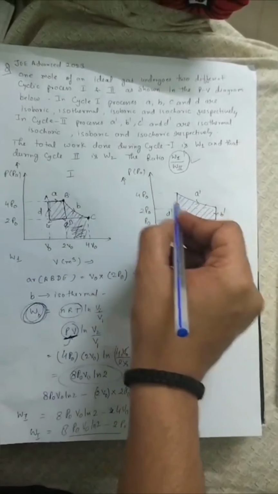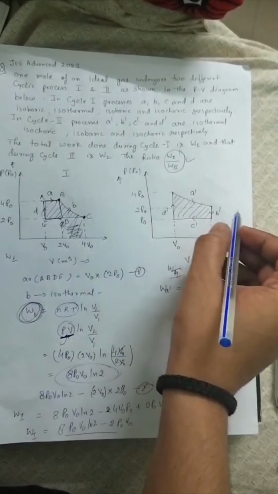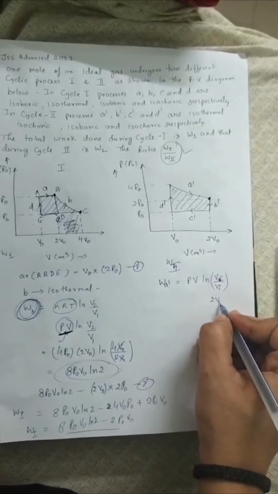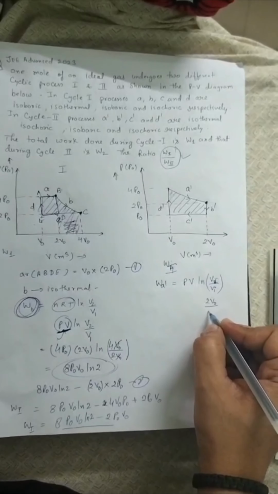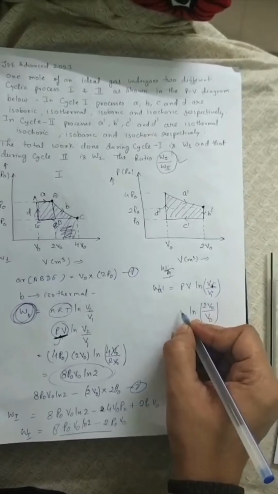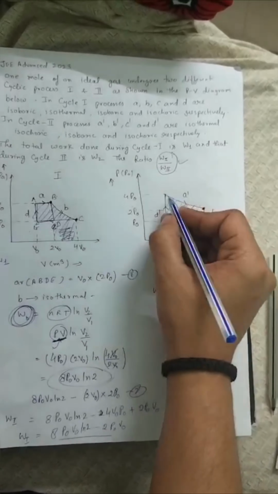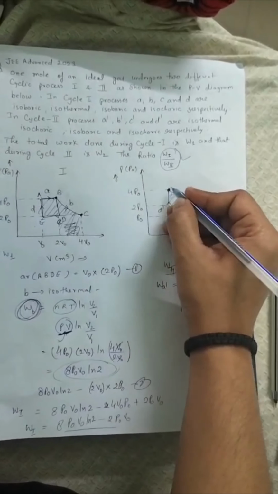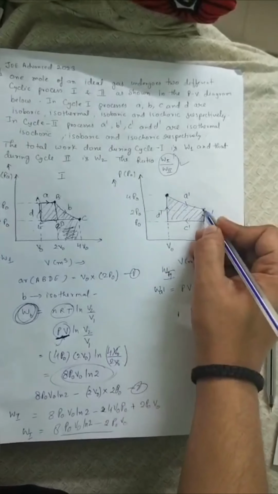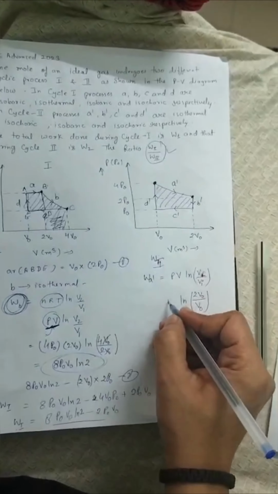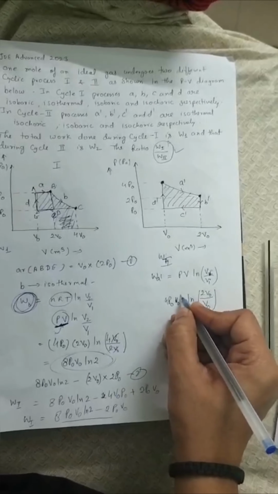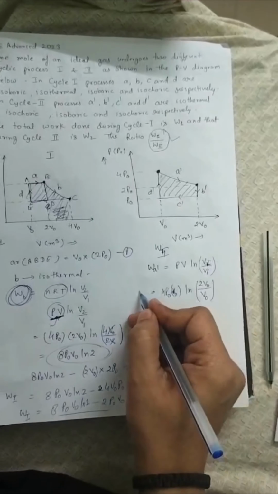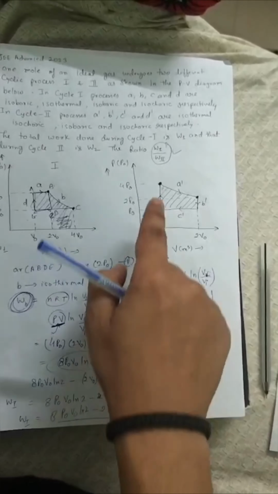See this graph, and here your final volume is 2V0, and initial volume is V0. Take the product of pressure and volume from the initial state of the isothermal process. So this will be your 4P0 into V0. Is it correct? Yes, absolutely. So this will give you the work from an isothermal process.